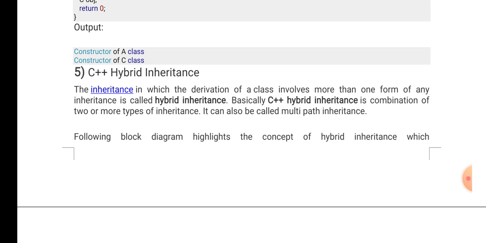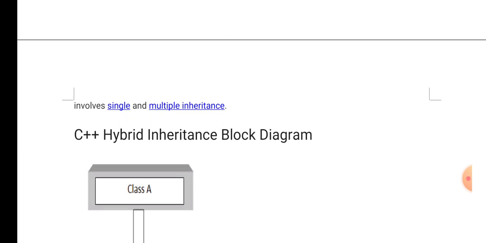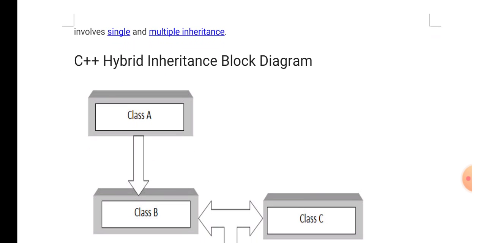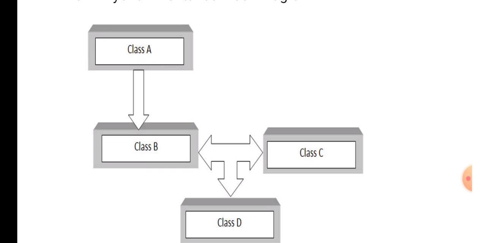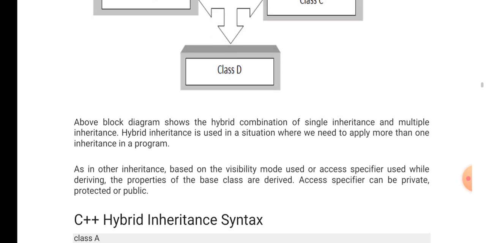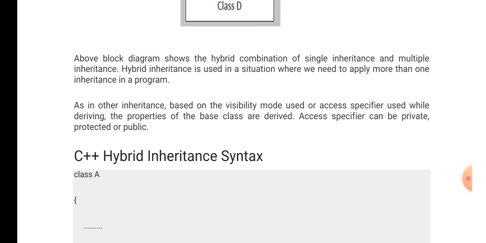Here we take one block diagram in which single inheritance and multiple inheritance are the two types of inheritance involved. Here class A and class B have single inheritance, and class D is derived from class B and class C, where multiple inheritance is involved. The above block diagram shows the hybrid combination of single inheritance and multiple inheritance.